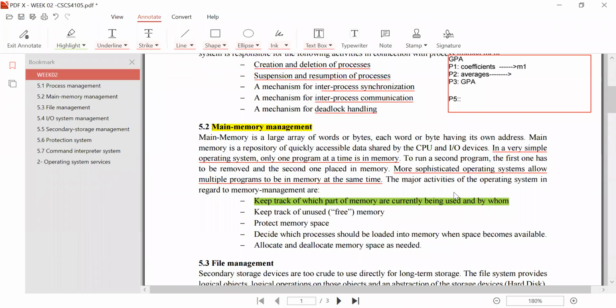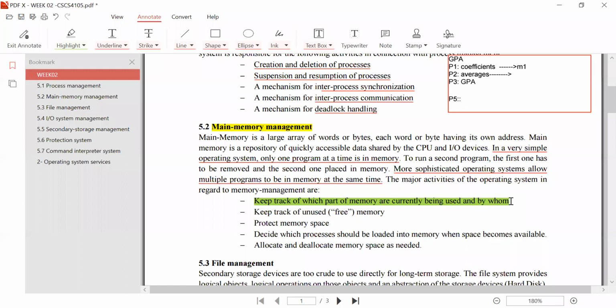So it means that in memory space 1, process 2 is there. In memory space 3, it is process 1. In memory space 5, it is process 2, for example. So it needs to keep track of which part of the memory is being used and by which process.